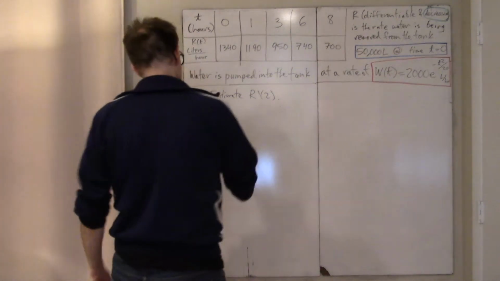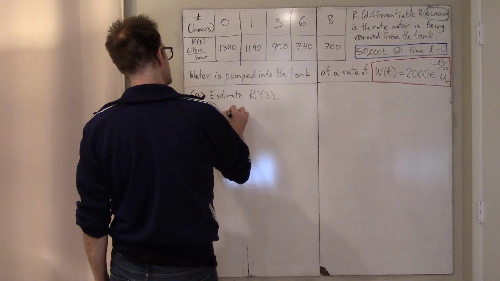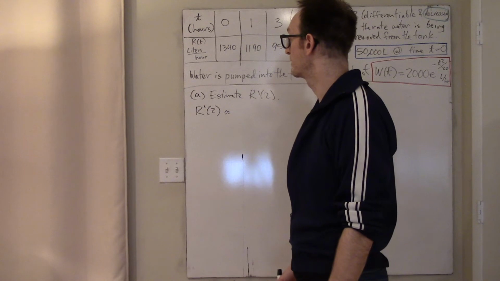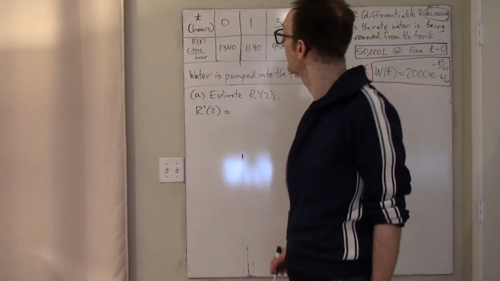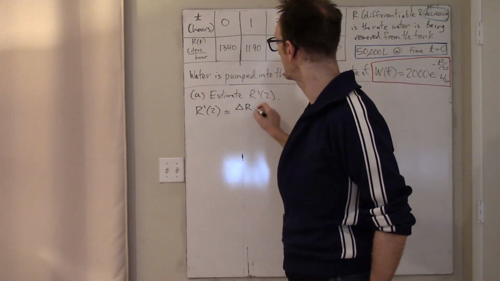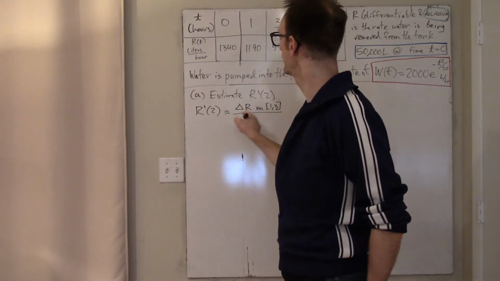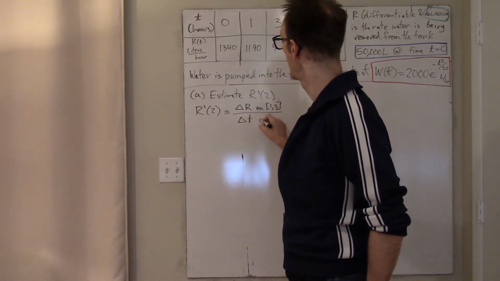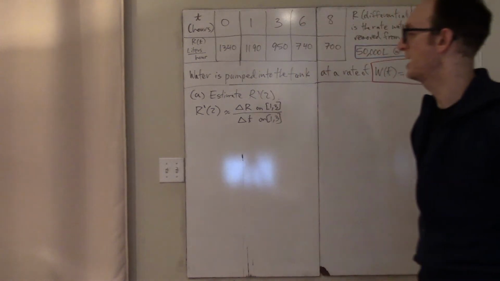And so the derivative of the function r at 2 is going to be roughly equal to the average rate of change of this function on the interval [1, 3]. So basically we say, okay, the change in r on the interval [1, 3] over the change in time on the interval [1, 3] is going to be approximately equal to the derivative.